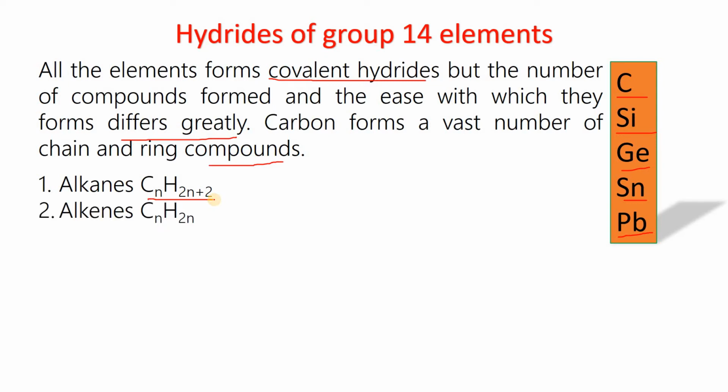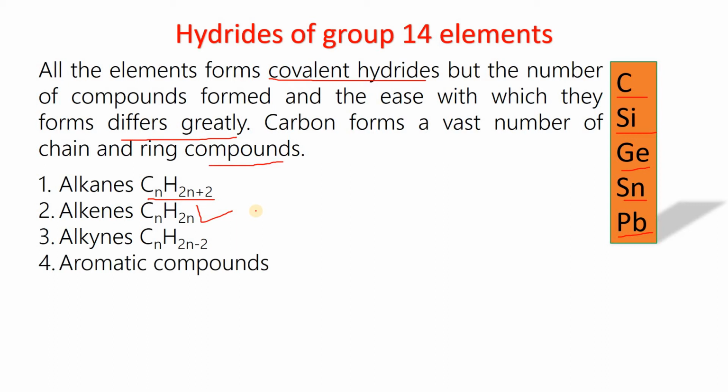The second class of compounds is alkenes, CnH2n. The third class of compounds is alkynes, CnH2n-2. And the fourth category is aromatic compounds, ring compounds.